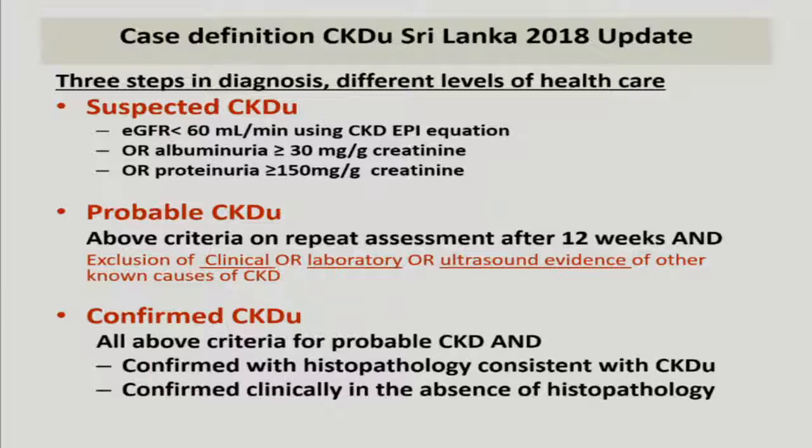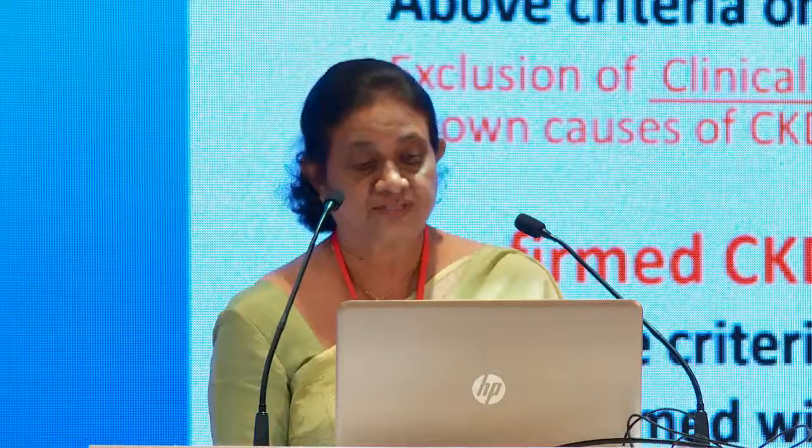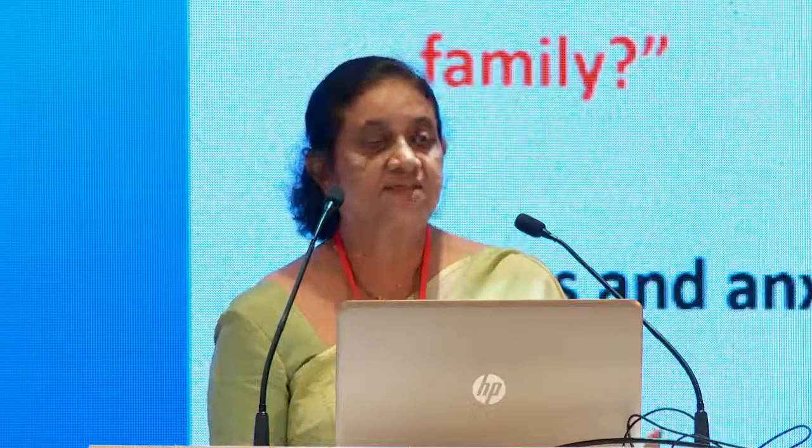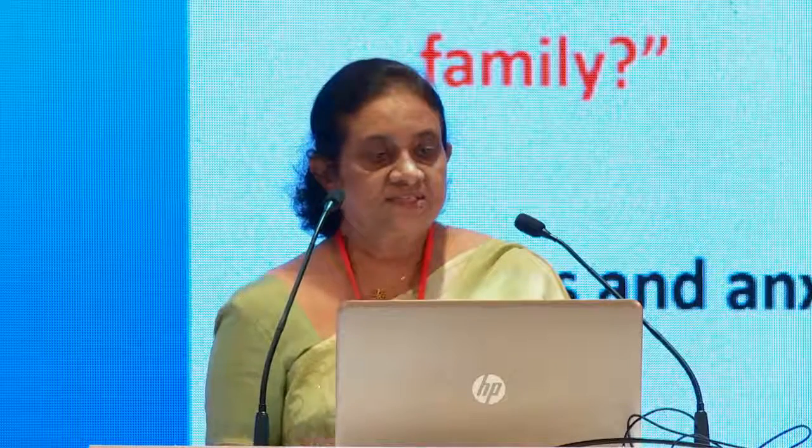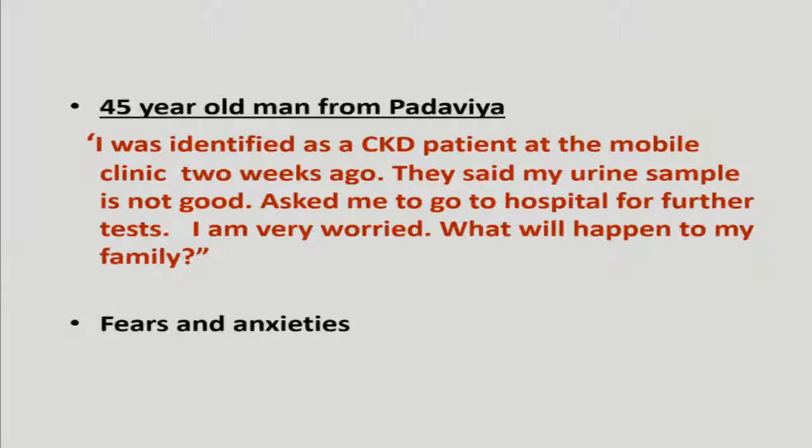And to confirm the CKDu, these patients need to be referred to a tertiary care center, and you have to get the histopathology consistent with CKDu, or if the biopsy is not permissible or not available, then you go with probable CKDu.